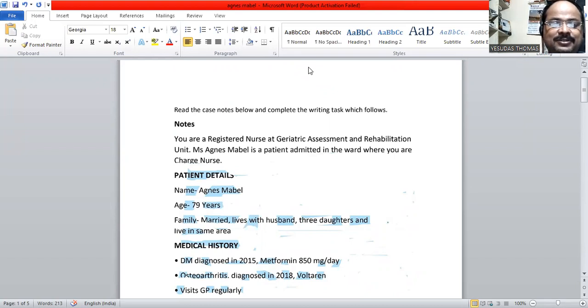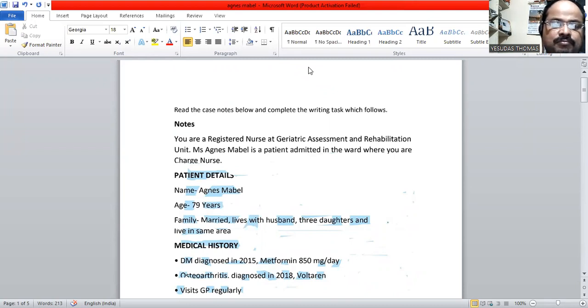Today we are going to discuss the case note of Miss Agnes Mabel, who is a geriatric client at the Geriatric Assessment and Rehabilitation Unit.